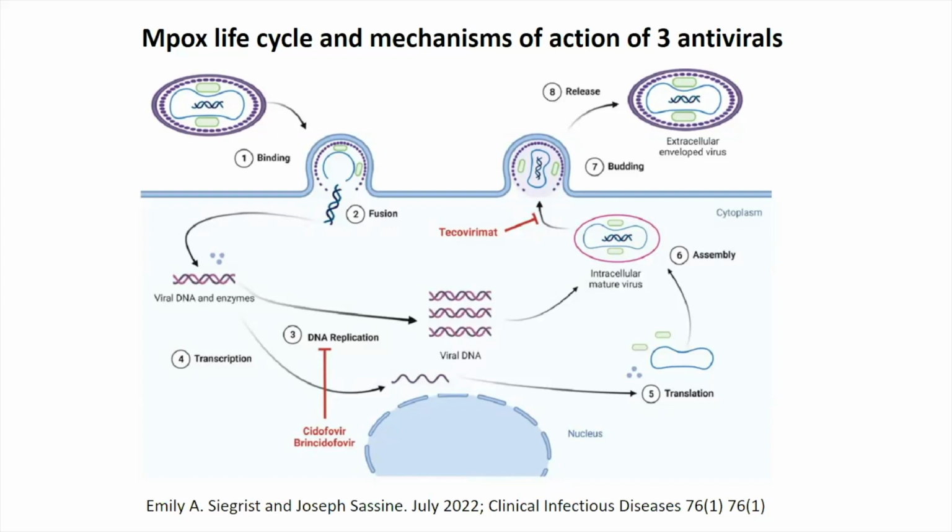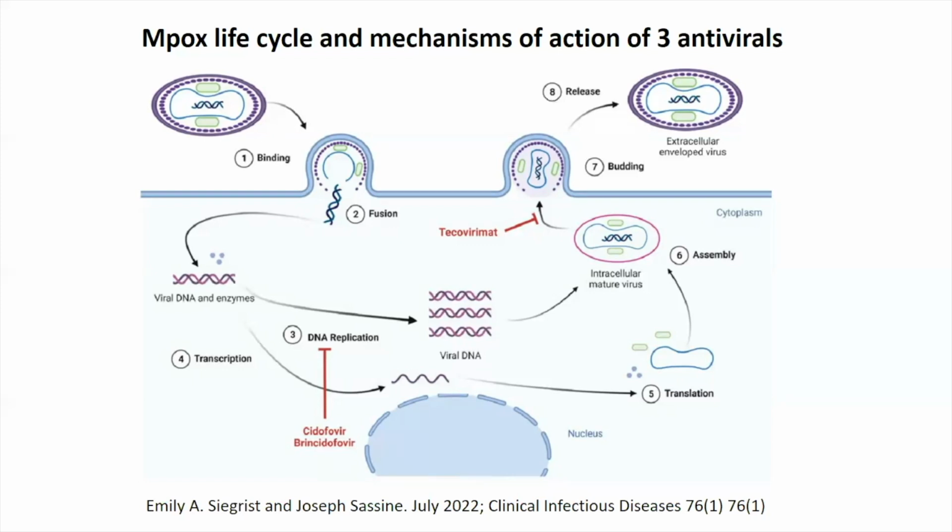And then the virus buds out of the cell and gets released as extracellular enveloped virus. The extracellular enveloped virus, or EV, is important for infecting other cells through the viremia.